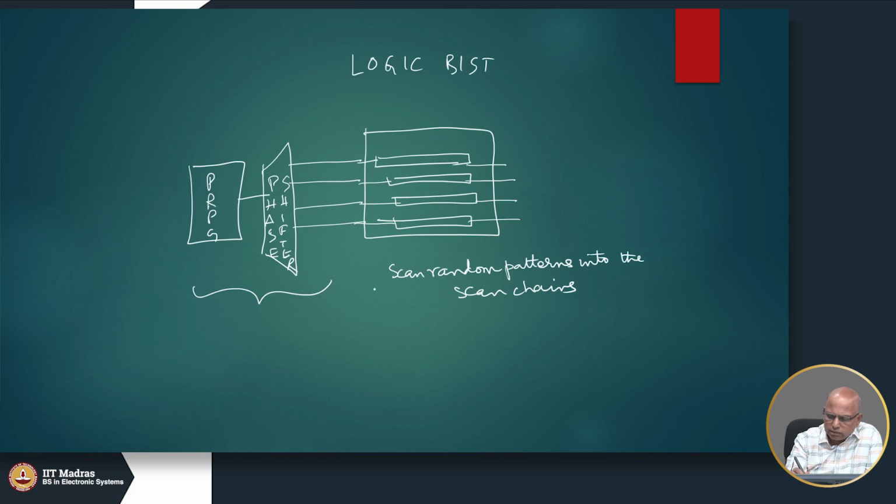That is during scan enable, scan enable is equal to 1. That means we are shifting in the patterns into the scan chains. Then we go into the capture mode, normal mode. So that is SC equal to 0. So capture the response.